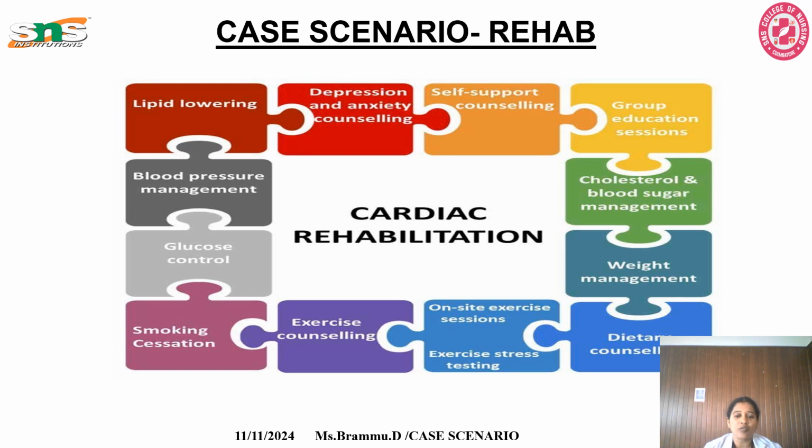Weight management, exercises and therapies, and dietary counseling to prevent cardiac problems: a good cholesterol diet must be taken, bad cholesterol to be avoided, and so on. On-site exercise training and exercise counseling will be given, and smoking cessation and its importance will be explained to the patient, as well as glucose control and blood pressure management in rehabilitation.